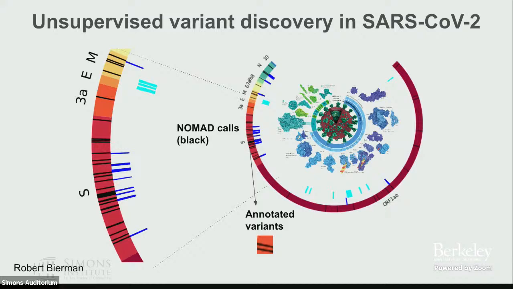And we ran NOMAD, which is the algorithm that I talked to you about. We also have a control for NOMAD, which for time reasons I won't go into. And one of the really exciting things to us was that NOMAD identified k-mers that were highly enriched in being proximate to the known Omicron variant without any knowledge of the SARS-CoV-2 genome, without any knowledge of the Omicron variants.